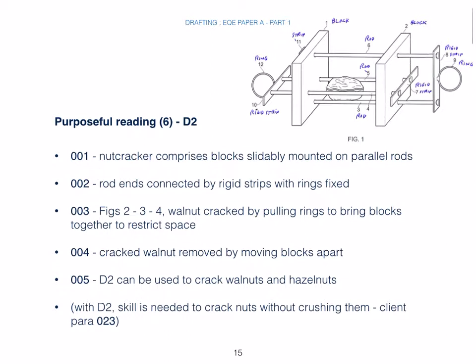Each block 1 and 2 has 4 circular through holes. The rods 3 to 6 are mounted in the through holes. The diameter of the rods 3 to 6 is slightly smaller than the diameter of the through holes, so that the rods can rotate in the through holes without the blocks 1 and 2 moving, and the blocks can slide along the rods without the rods moving.